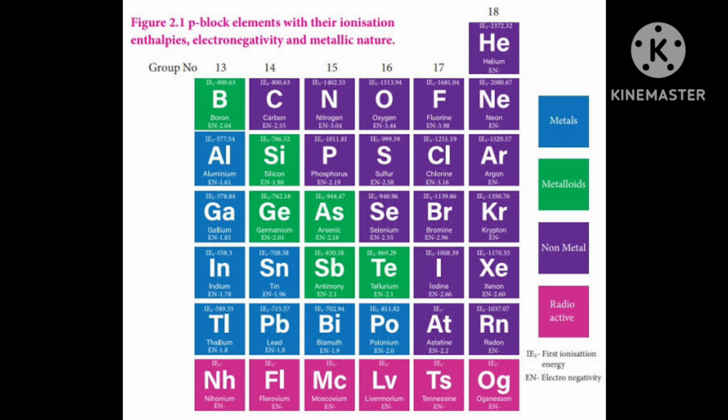The difference in the inner core of elements greatly influences their physical properties such as atomic and ionic radii, ionization enthalpy, etc., as well as chemical properties. Consequently, a lot of variation in properties of elements in a group of the P block is observed.